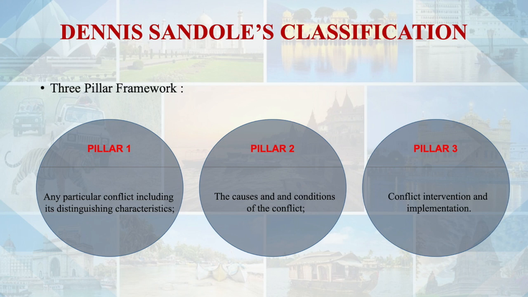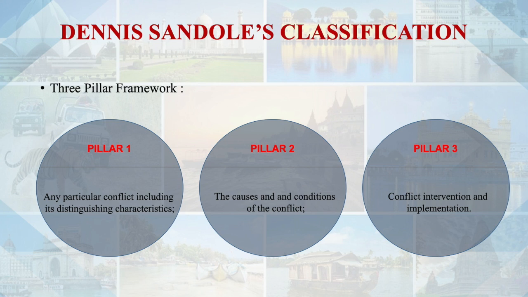So the 3-pillar framework is based on, first, the conflict including its own spatial characteristics which can be distinguished from each other; second, the cause and condition of the conflict; and third, conflict intervention and its implementation. That is, the origination of conflict, its condition, its causes and reasons, and finally how the conflict is intervened and implemented.